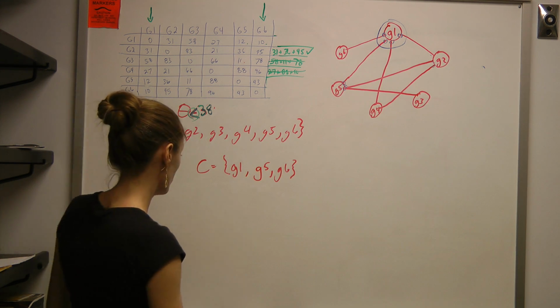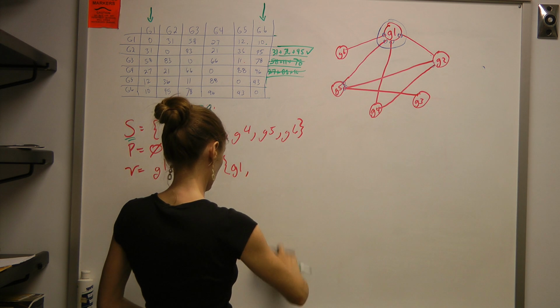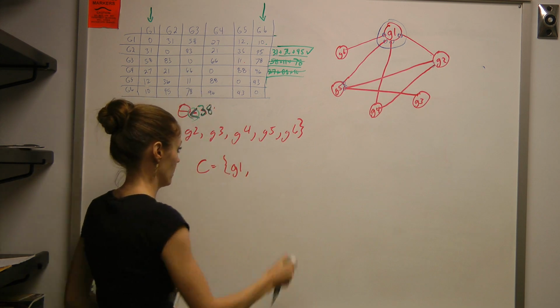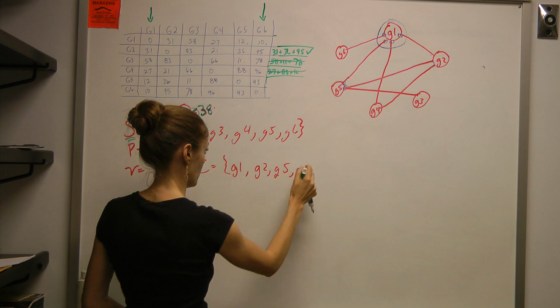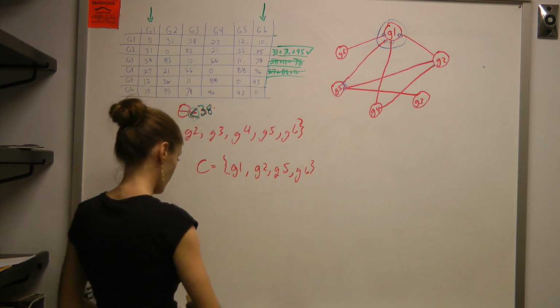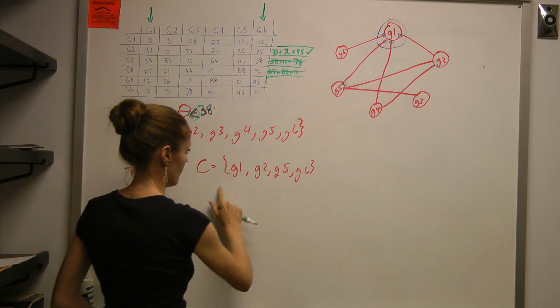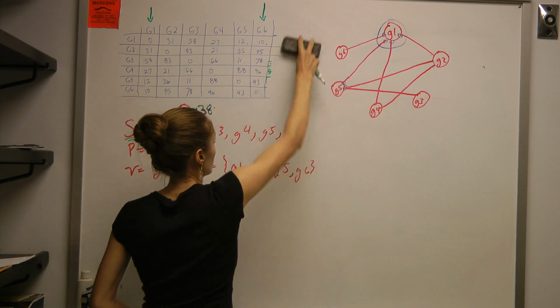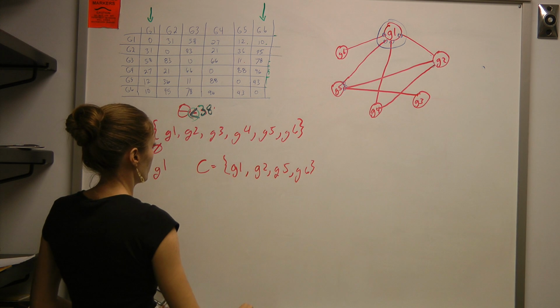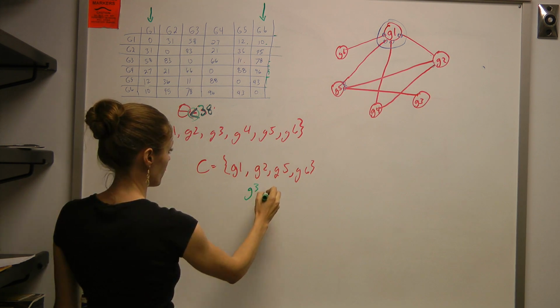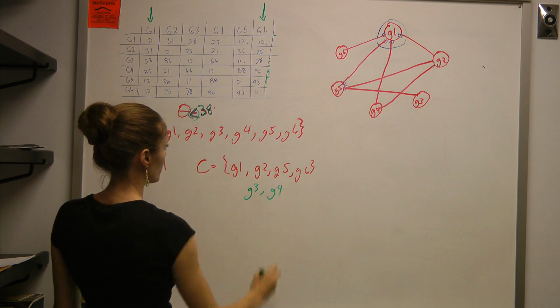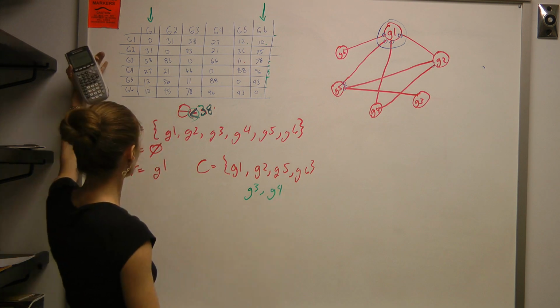Now, so we added G2 to this cluster. So are there any genes that are close now to this cluster? Well, we only have 2 genes that aren't in it. So let's go to those genes.